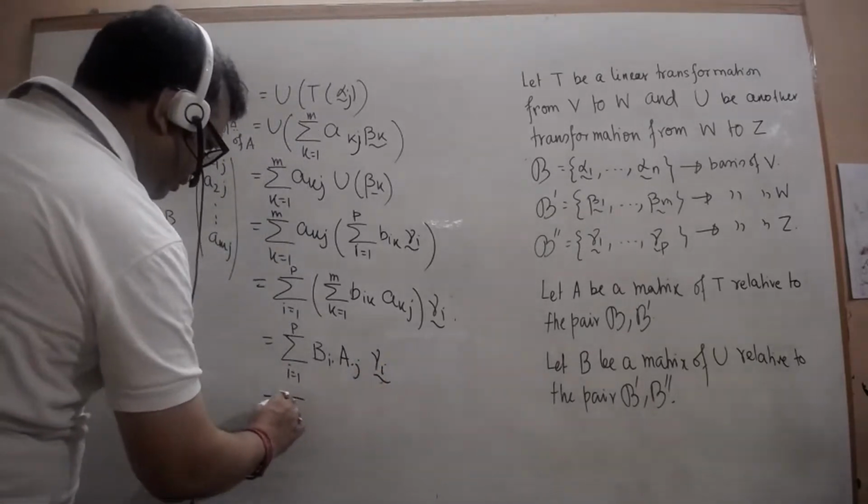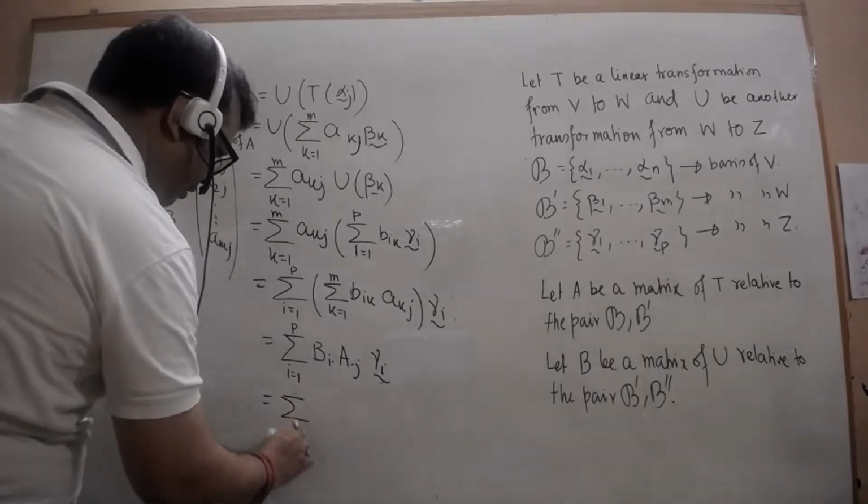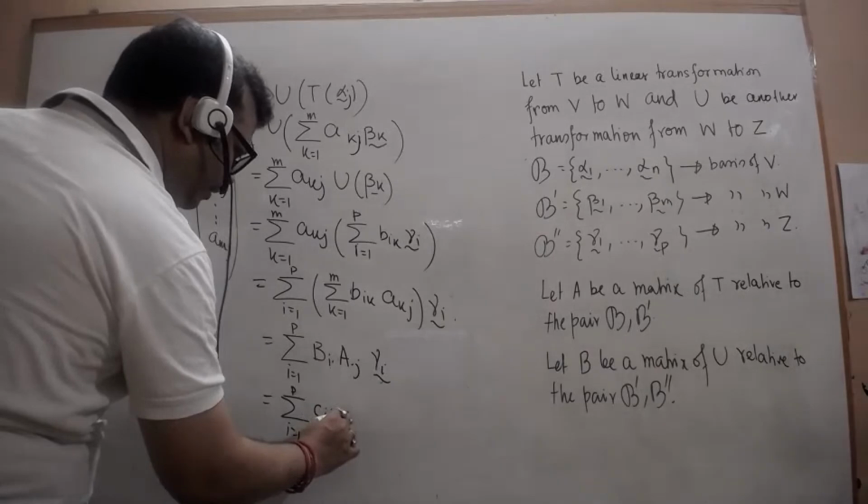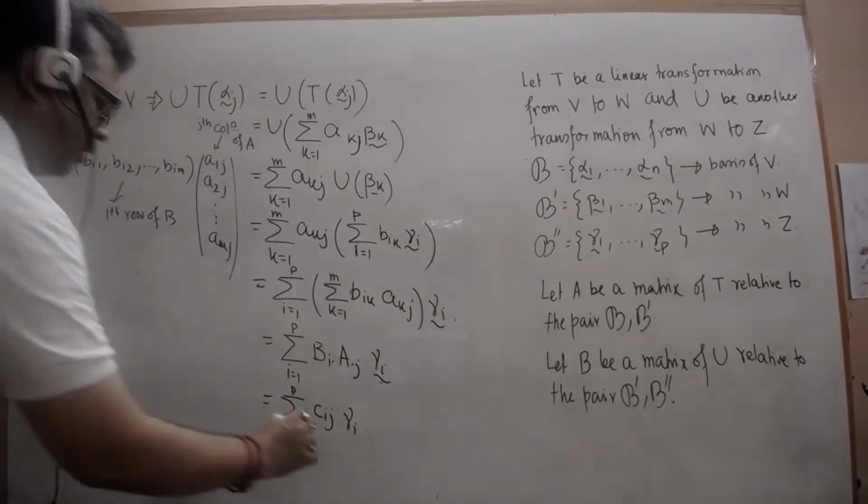So this is a scalar. I denote this by c_ij gamma_i.